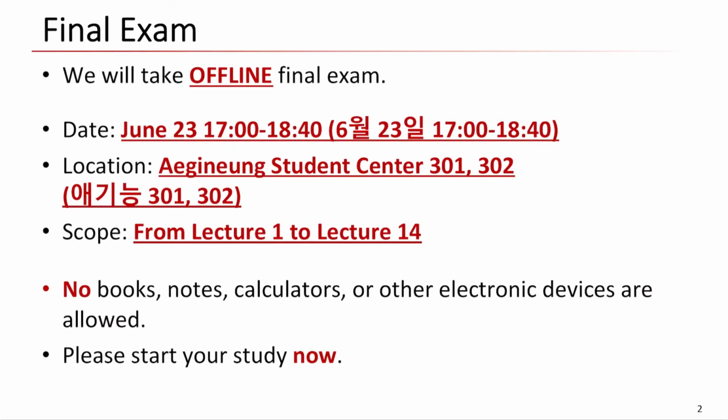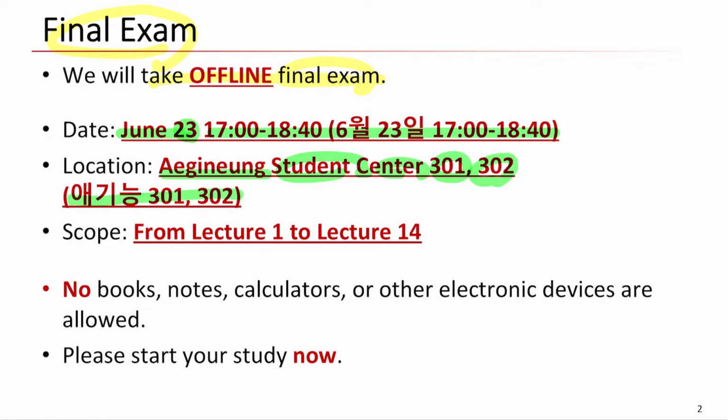Before starting, there is a notification about the final exam. We will take an offline final exam. As I mentioned previously, the date is June 23, and the location of this exam is Student Center 301 and 302.